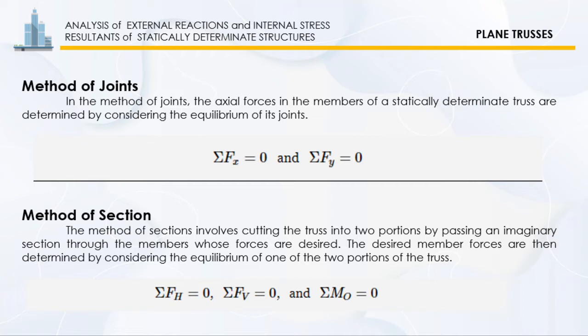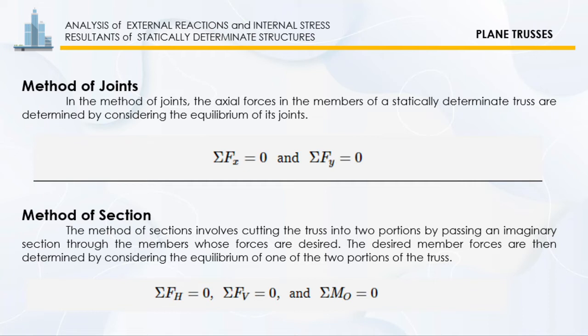So the method of joints proves to be very efficient when forces in all the members of a truss are to be determined. However, if the forces in only certain members of a truss are desired, the method of joints may not prove to be efficient because it may involve calculation of force in several other members of the truss before a joint is reached that can be analyzed for a desired member force.